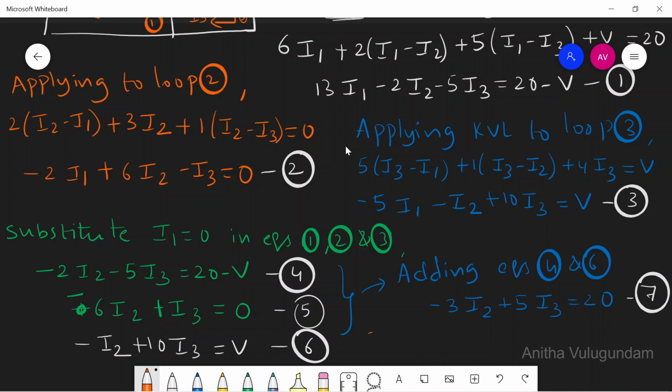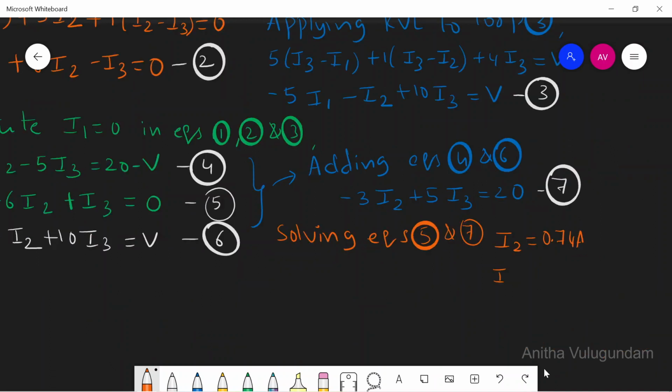Then solving equations 5 and 7, we will get I2 equal to 0.74 amps, I3 equal to 4.44 amps.